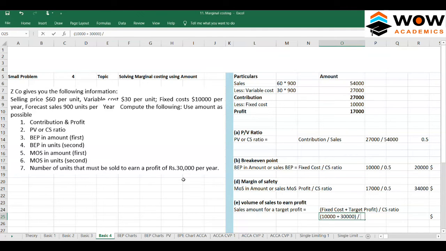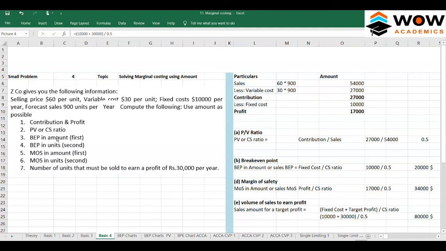Let's get the CS ratio. So if we make 80,000 of sales, our profit would be 30,000. Okay, so that's what it tells here.